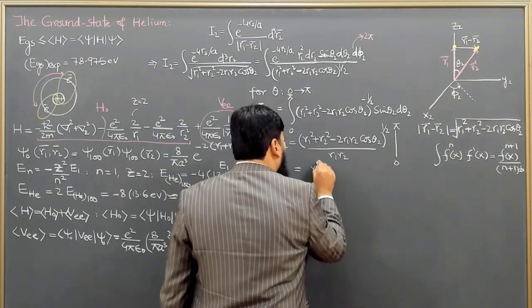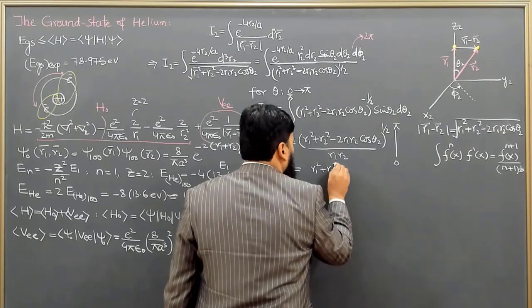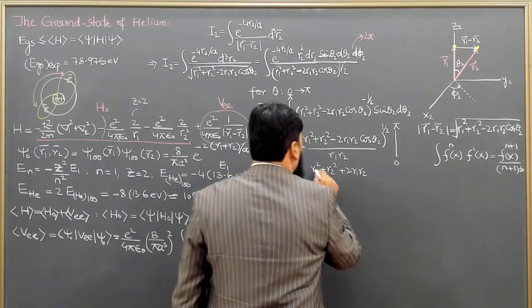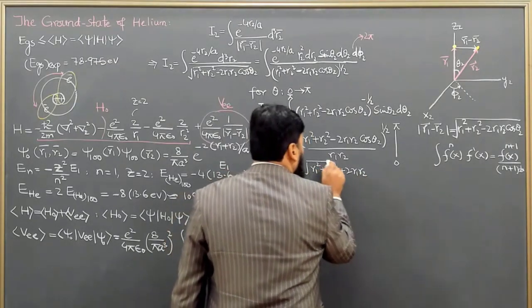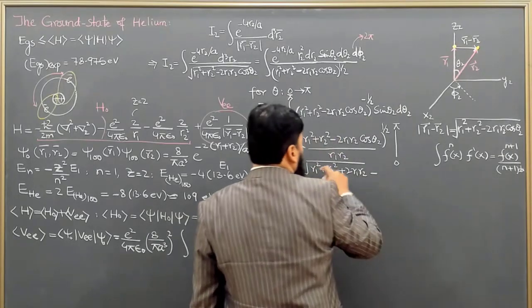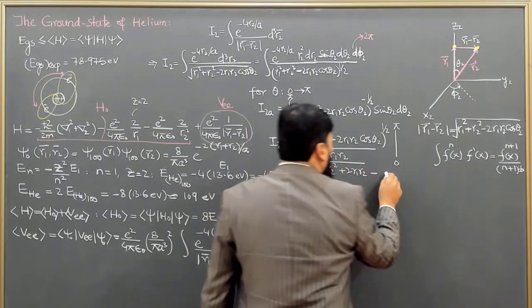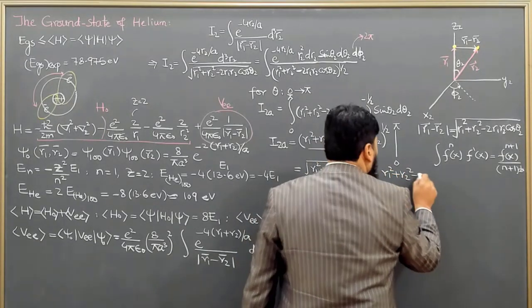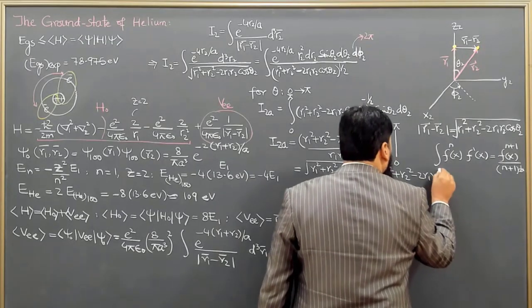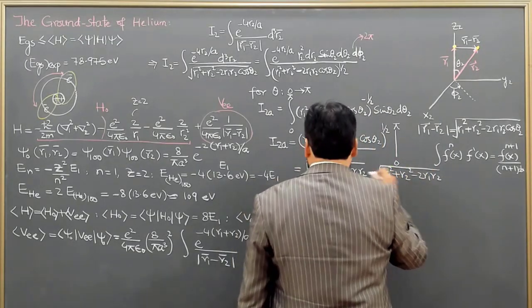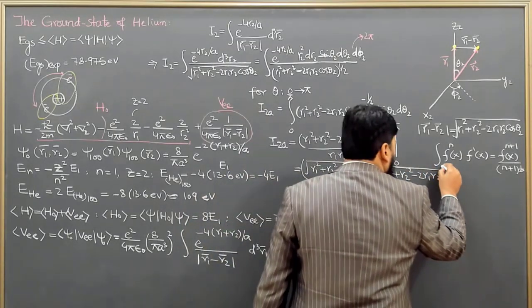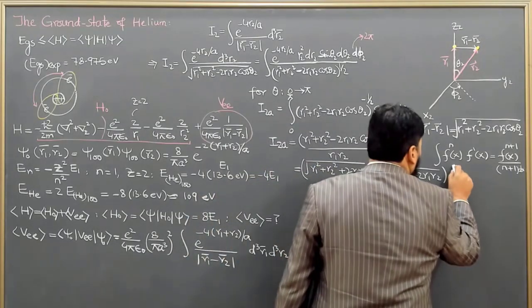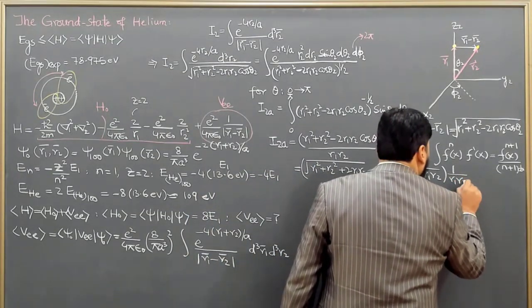So we will have r1 square plus r2 square plus 2r1 r2, inside a square root, then minus, and cos 0 is 1, so it will come out to be r1 square plus r2 square minus 2r1 r2 inside a square root. So we have this thing, and then this whole will be divided by 1 over r1 r2.